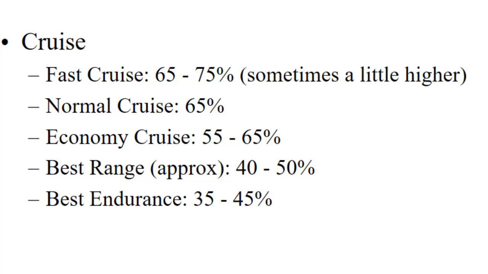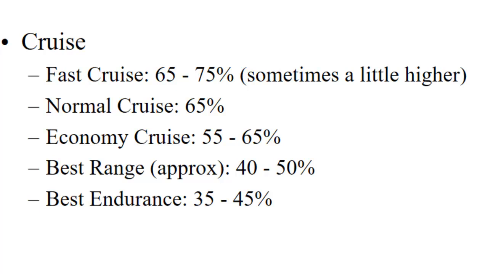If you're trying to save on gas, if you're buying gas, then economy cruise is great. So 55% is a really nice setting. It'll give you fairly good economy, but still have most of your speed. Best range is way down around 40 and 50, and best endurance even lower than that. And those are often not even specified in the POH. You're kind of working off the chart there.